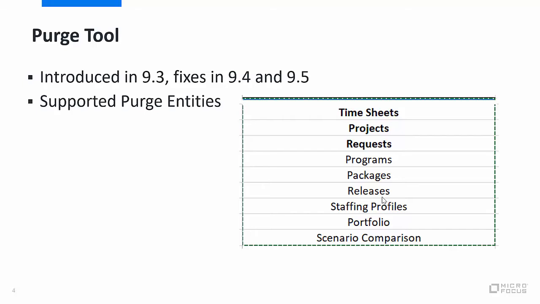The purge tool is designed in such a way that the more data you select to be purged in one go, the better it is. So the suggestion is always to select all your business data that needs to be deleted from the past years together in one go.